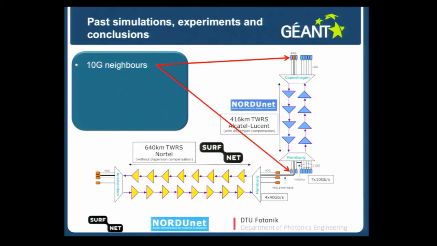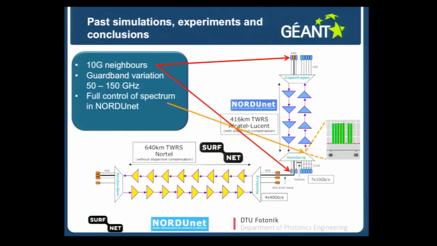So what we then also did was to add some 10G neighbors here from the NordNet side, and try to manipulate these 10G neighbors in terms of power and guard band variations, in order to see what are the effects on the actual 40G signal.